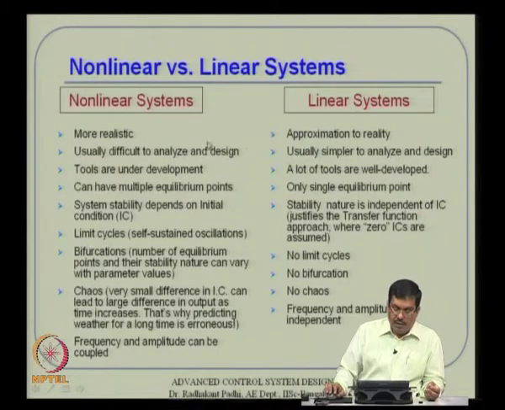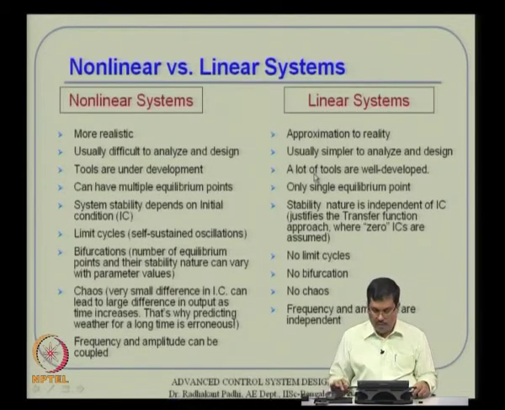There are many tools which are well developed for linear systems, whereas it is not very well developed for nonlinear systems. There are many tools that are available, but still there are many issues that people are doing research on. So, tools are still under development for nonlinear systems. Okay, these first three are philosophical differences.